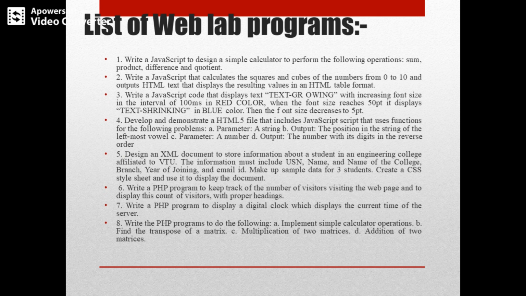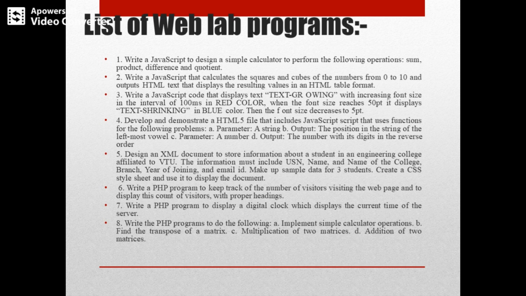So let's see the web lab programs that are supported for this subject code. We have got overall 10 programs associated with this lab. The first program is a simple calculator which is supposed to be designed in JavaScript. So the first two programs are designed in JavaScript.